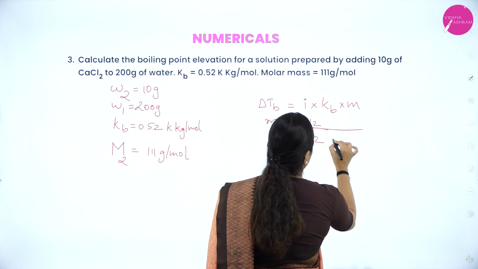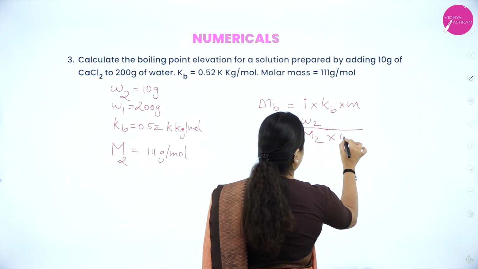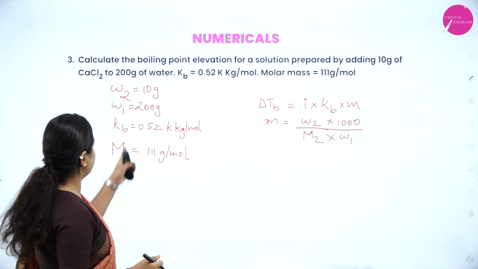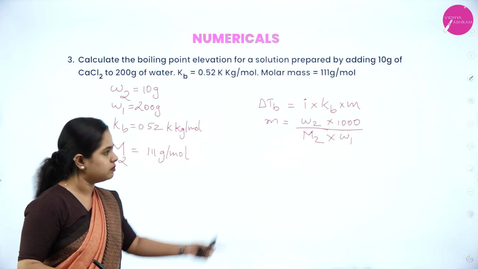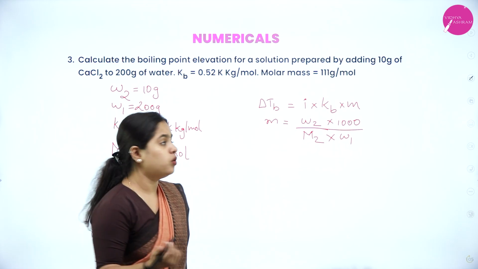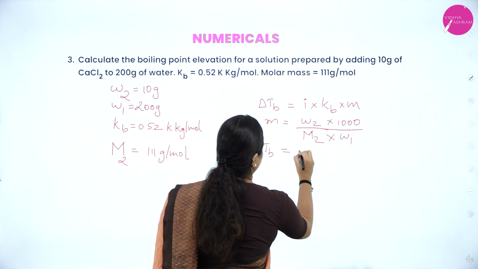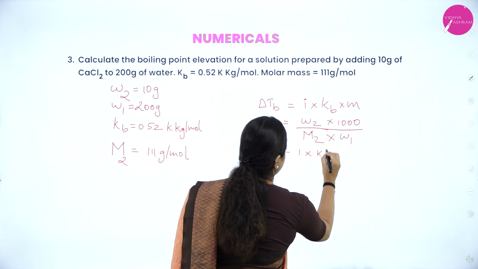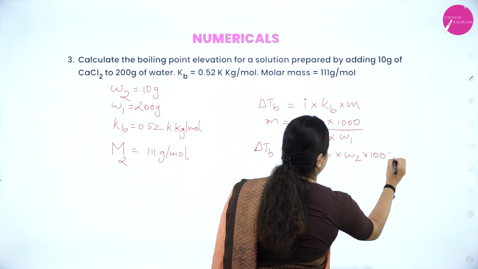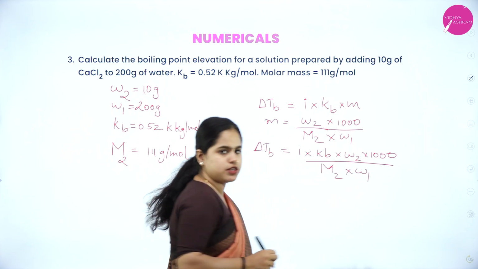The denominator is the mass of the solvent, that is W1, and into 1000, because masses are given in grams, so you need that 1000. So the equation becomes delta Tb is equal to I into Kb into W2 into 1000 divided by M2 into W1.